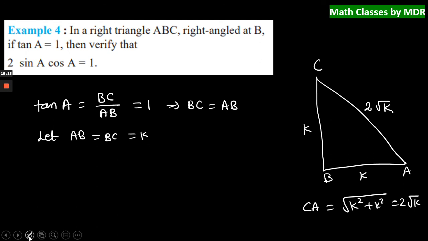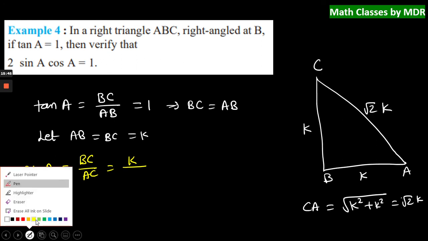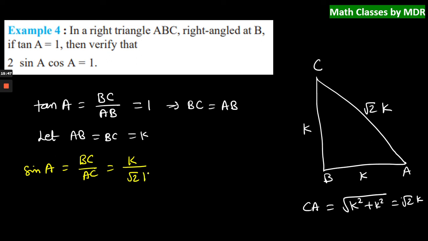Now let us see what is sin A and cos A. Sin A is opposite side by hypotenuse, that is BC by AC, which is k by root 2 k. So k gets cancelled and it is equal to 1 by root 2.